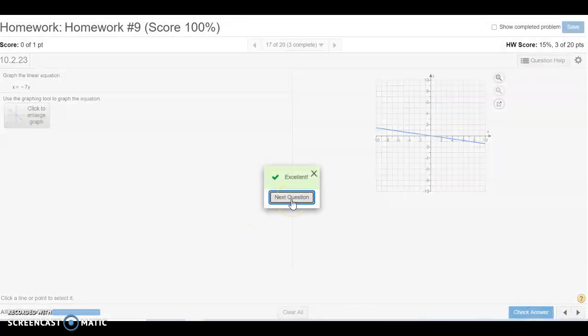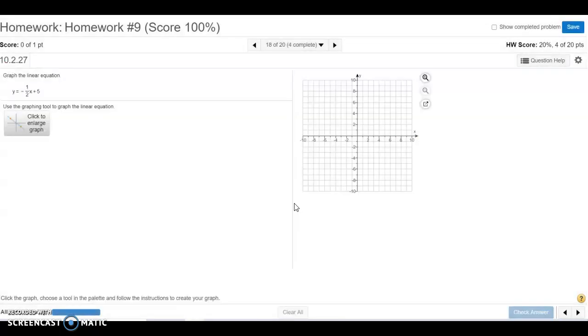Okay, and number 18 is actually worthy of going over as well. Fractions are involved, and I'm going to write down the question again, show you a little bit of work. So y equals -1/2 x plus 5. So you already get a little table, which I've just done, and let me show you that.